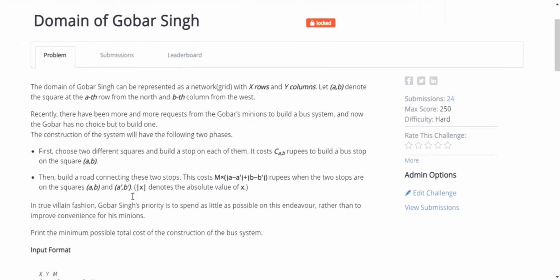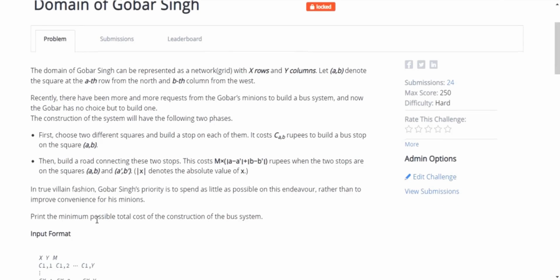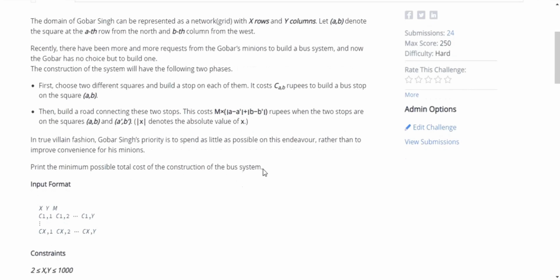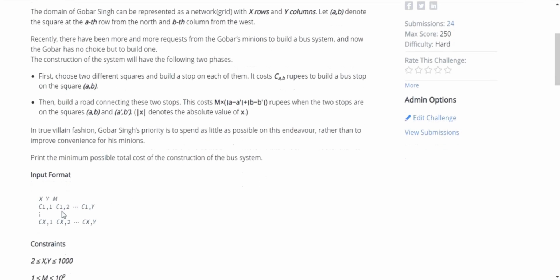Now we basically have to determine the minimum possible cost for constructing the entire bus system, which is specified by these two rules. Now let's take a look at the input format. We'll be having three different integers as the first line of input, which indicate x, y, and m.